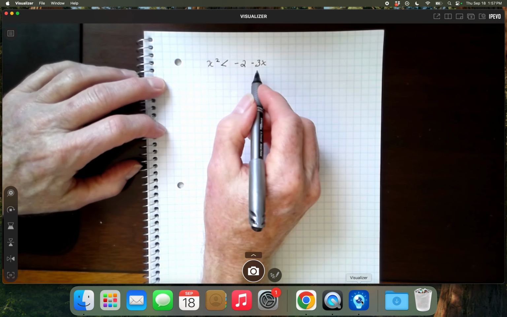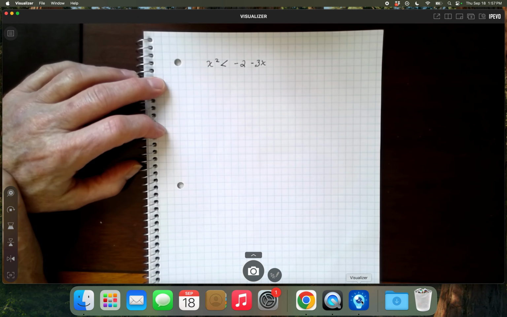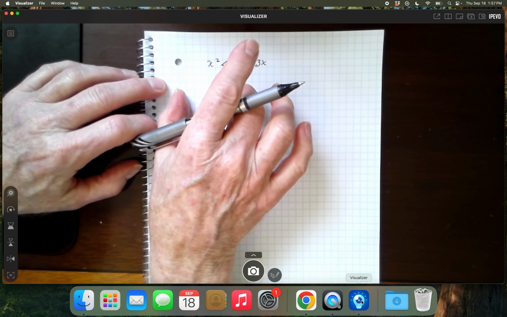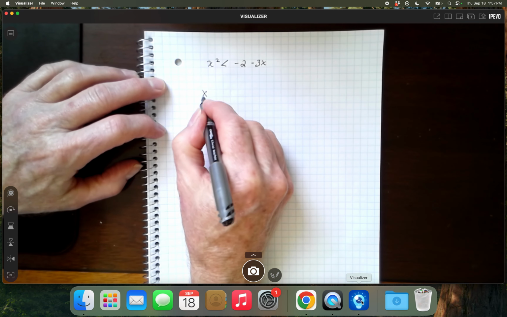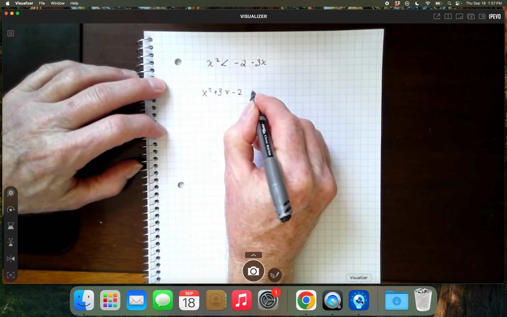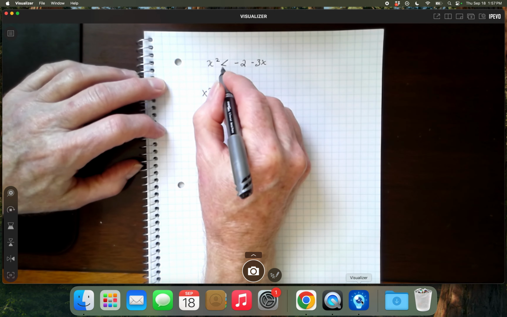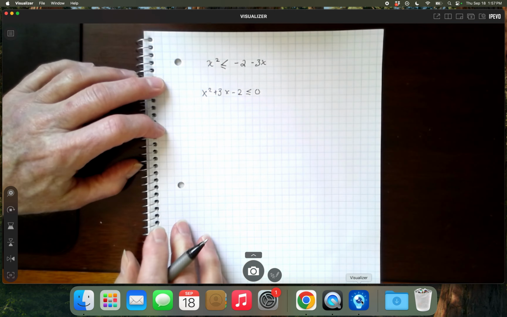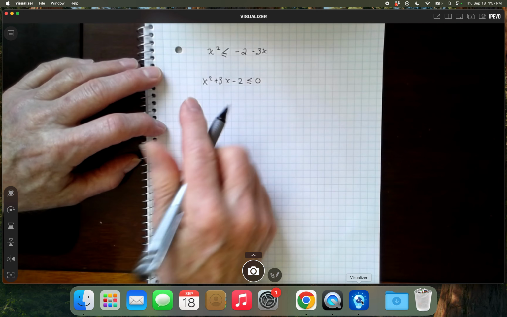Well, let's solve it. It's quadratic. Isolate 0. x squared plus 3x plus 2. Let's do a less than or equal in this one. Less than or equal to 0. Okay, what do we do?